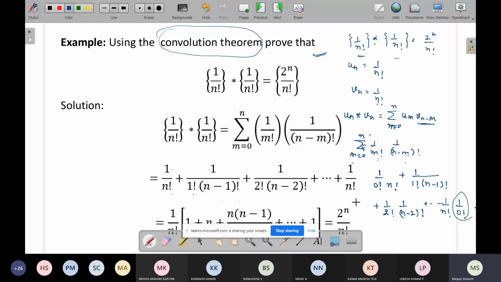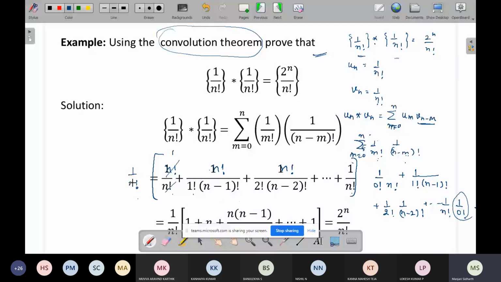Now the next step: once you have done up to here, we'll take 1 by n factorial common. Or you can say we simply divide and multiply by n factorial. So you will get 1 here, and then you keep 1 by n factorial outside because we are dividing and multiplying by n factorial, and inside is n factorial.